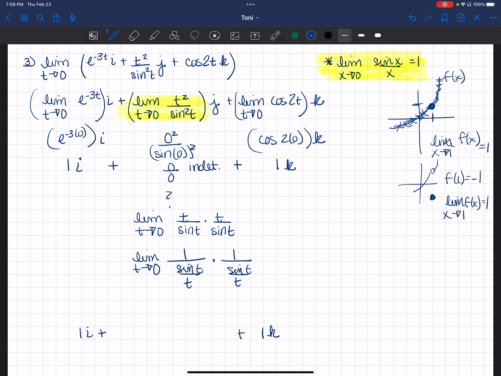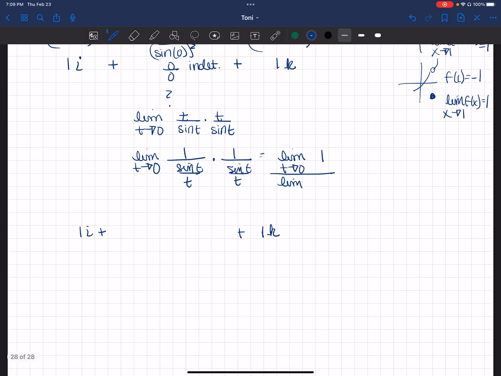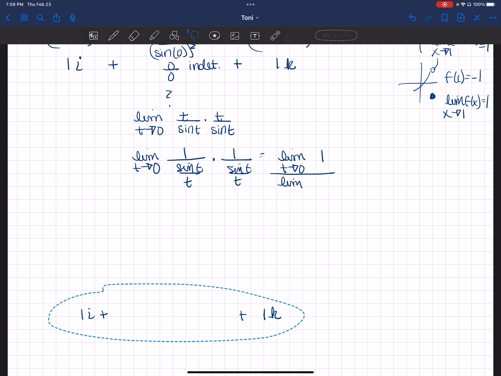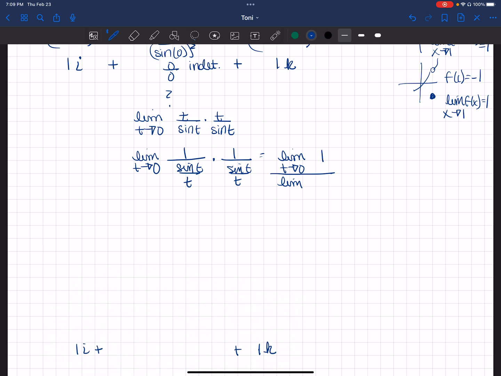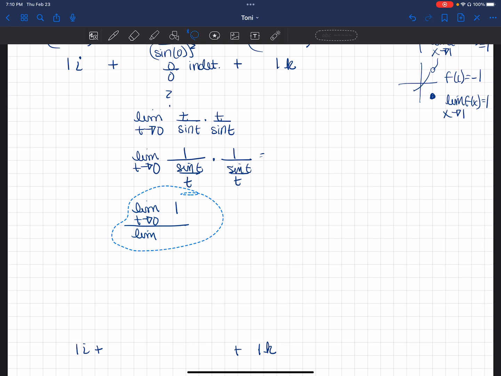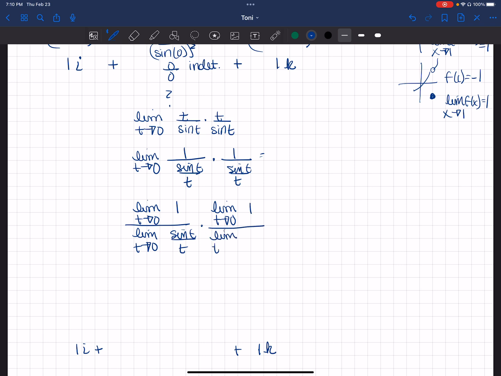Well, you can bust that up into the limit as t approaches 0 of 1 all over the limit as t approaches 0 of sine t over t.